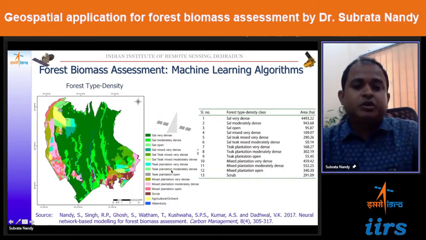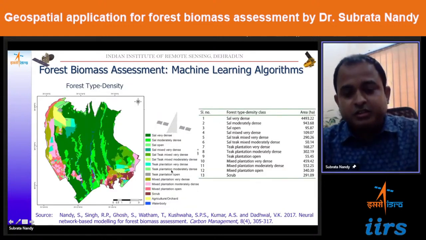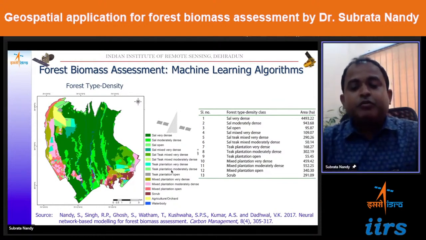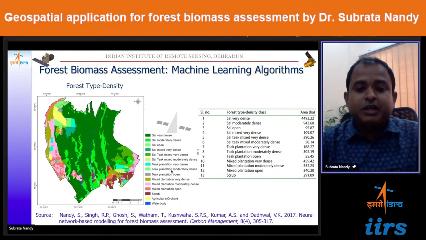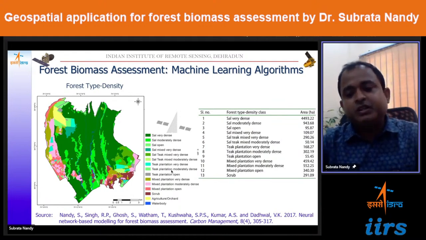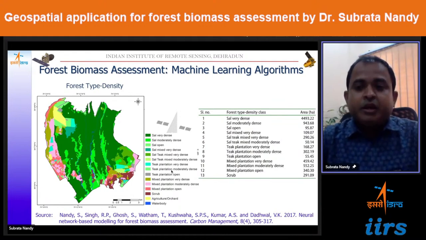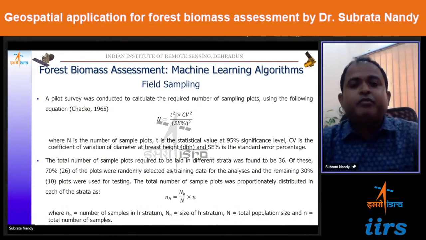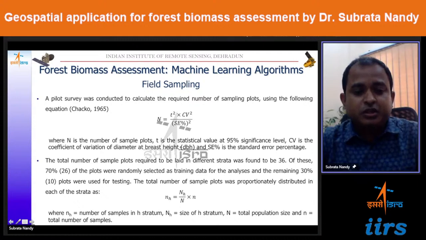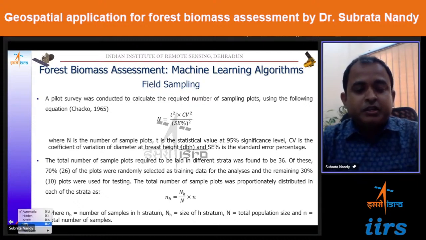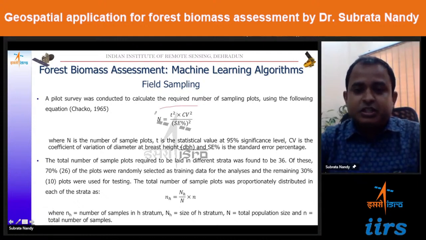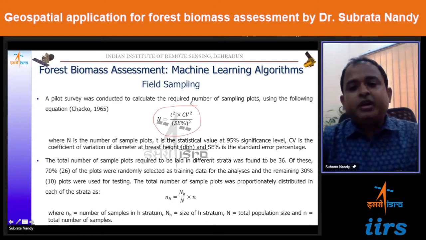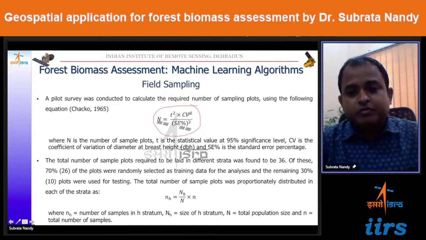Now in this case also, first of all, we made a forest type density map to stratify the area, so that we can go for stratified random sampling and distribute our samples in different strata. To calculate the number of sample plots required for this study, we used Cochran's formula, which says t square multiplied by CV square divided by AE square. Here again we have the coefficient of variation.